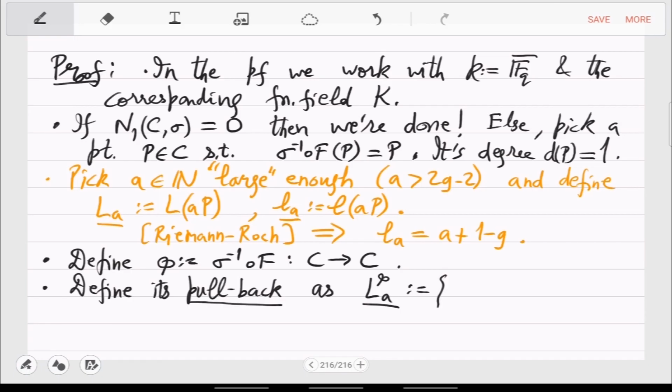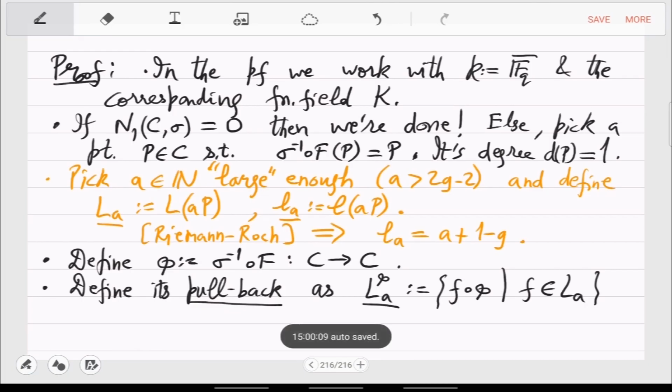So this is basically f composed with phi, where f is in LA. What you are doing is, when you want the action on a point, you apply phi to go to the image and there use the function f.